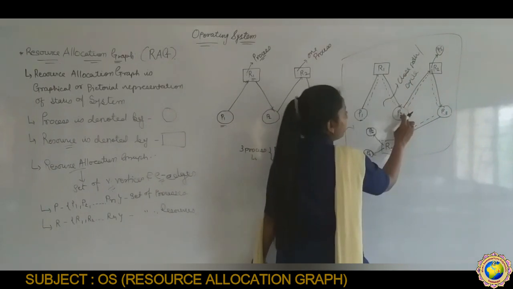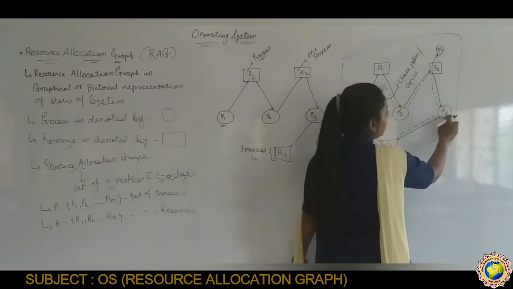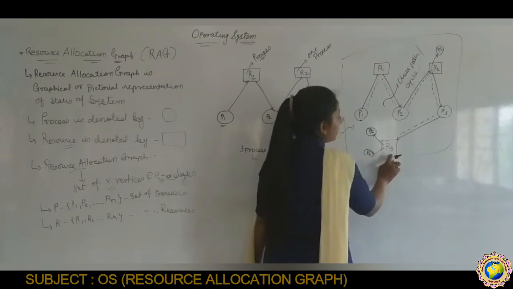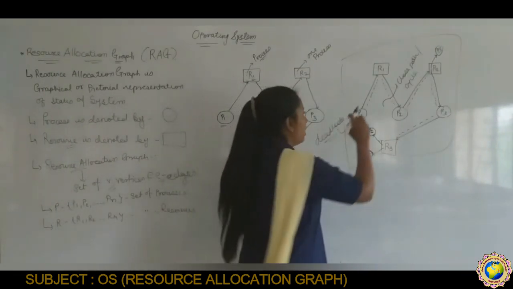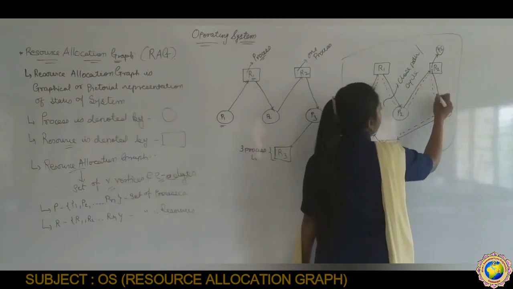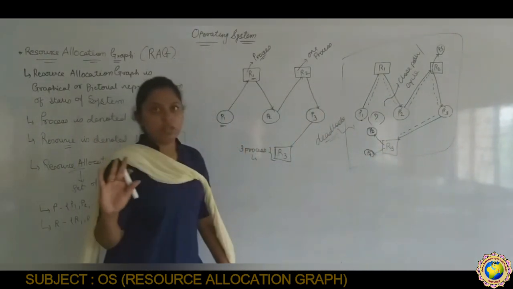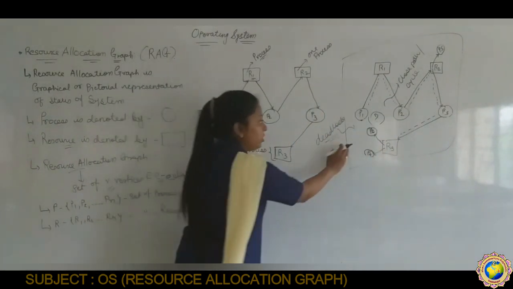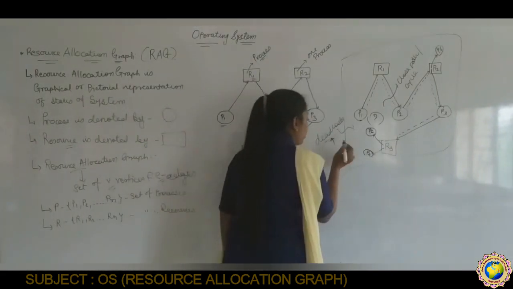R1 is allocated to P2, P2 is requesting R2, R2 is allocated to P3, P3 is requesting R3. Is there any closed path? Let's see. Here to here, here to here, here to here. So no, this condition is not occurring with that.